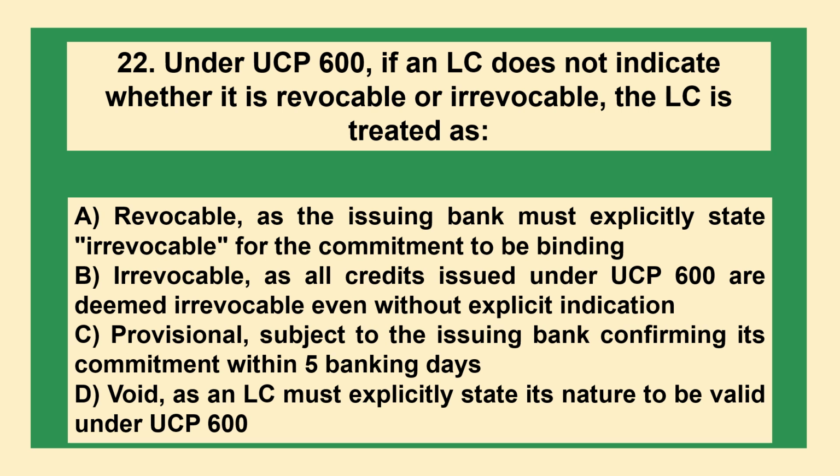Under UCP 600, if an LC does not indicate whether it is revocable or irrevocable, the LC is treated as: option A, revocable, as the issuing bank must explicitly state irrevocable for the commitment to be binding; B, irrevocable, as all credits issued under UCP 600 are deemed irrevocable even without explicit indication; C, provisional, subject to the issuing bank confirming its commitment within 5 banking days; D, void, as an LC must explicitly state its nature to be valid under UCP.